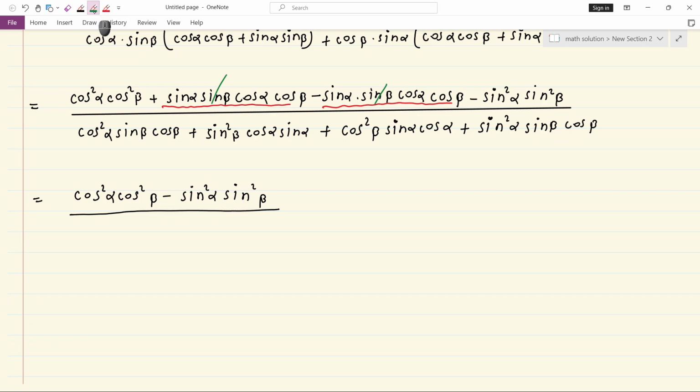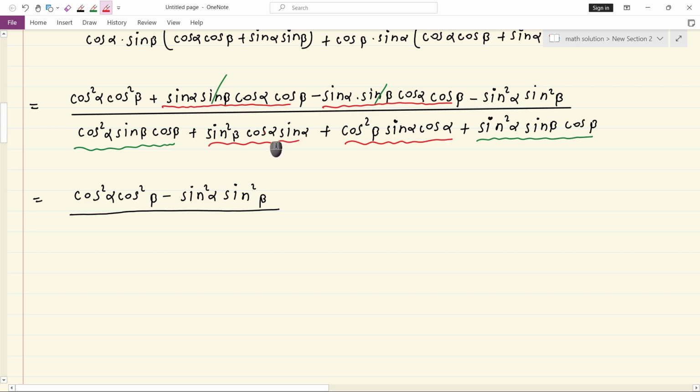Now in the denominator, wait a few seconds, let me explain. Look, in this term and in this term, what do we have in common? Sin beta and cos beta. So we will take this common, and the remaining will be sin square alpha plus cos square alpha. Similarly, in this term and this term we will take common sin alpha and cos alpha.